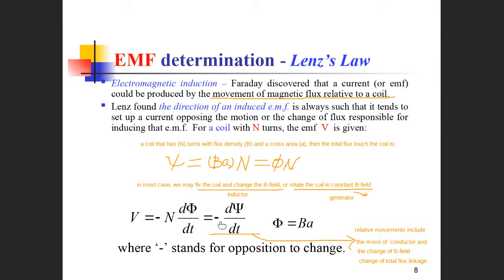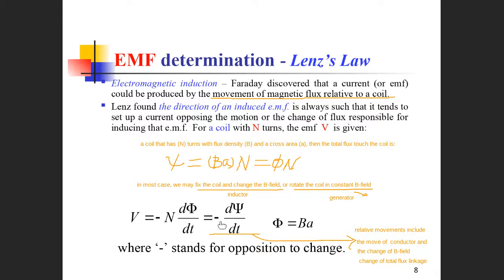So if you have a current producing a magnetic field, this magnetic field generates electromotive force, and the generated electromotive force tries to create additional current that weakens the change of the current.